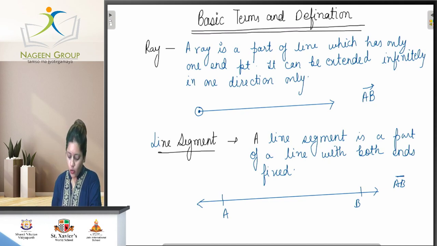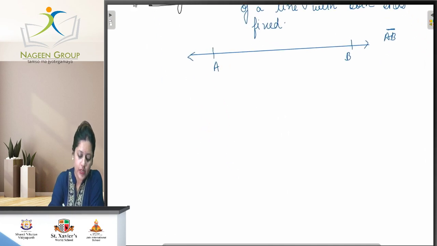Next one is collinear points. What are collinear points?